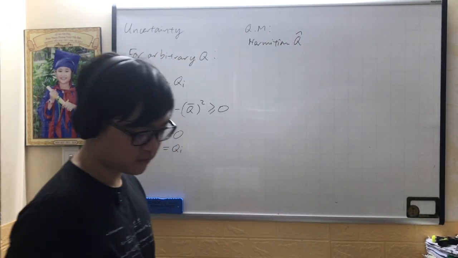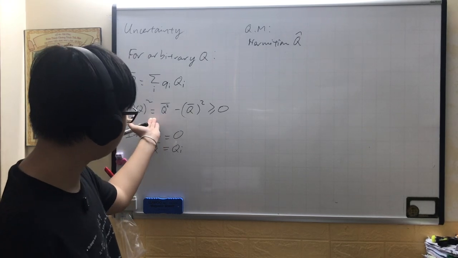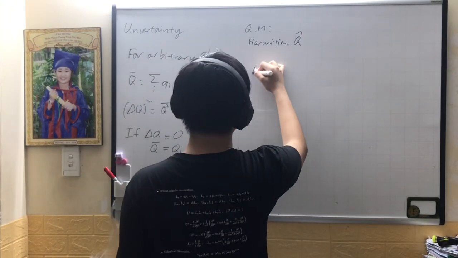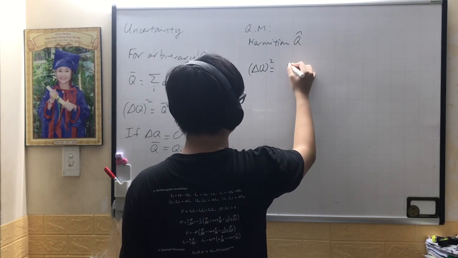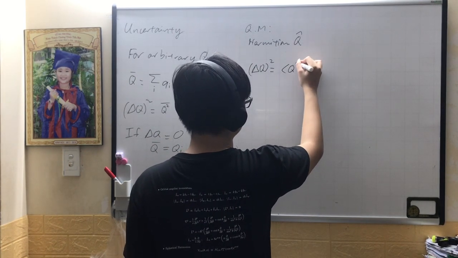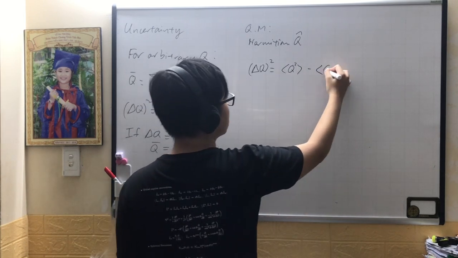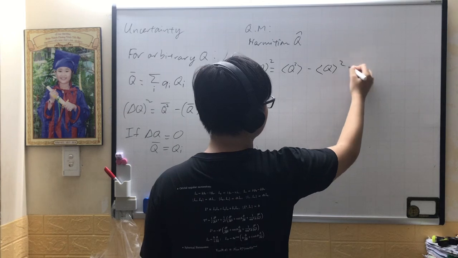The definition for uncertainty is kind of the same as this one here. It would be the uncertainty squared would equal the expectation value of Q squared minus the expectation value of Q, squared.